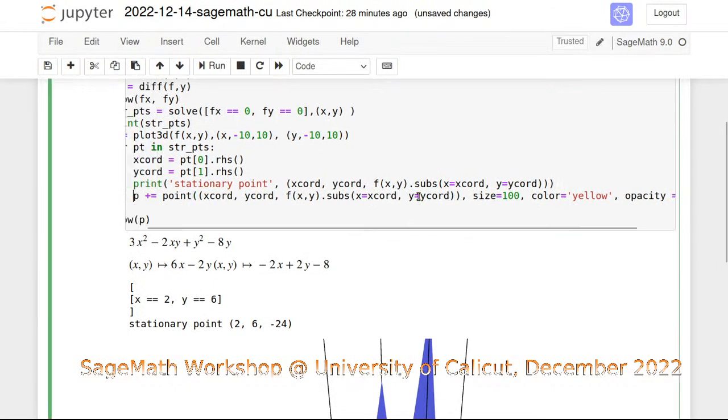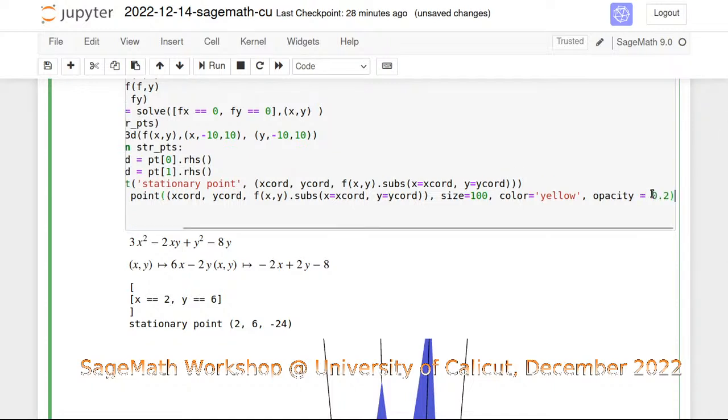Okay, let me just see. I think opacity I should probably apply inside. Oh, sorry. Opacity I am applying in this point. Yes, sorry. That's not the thing that we wanted.